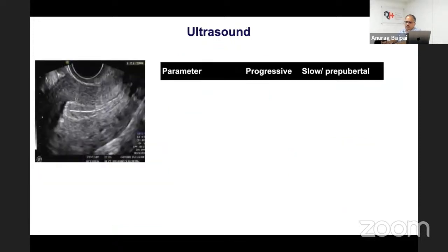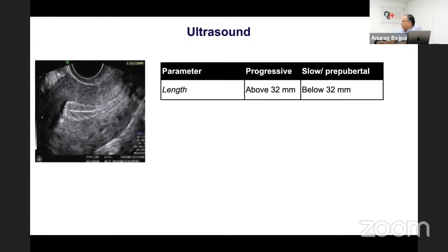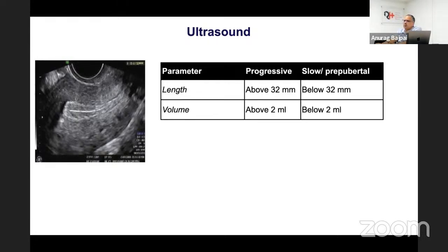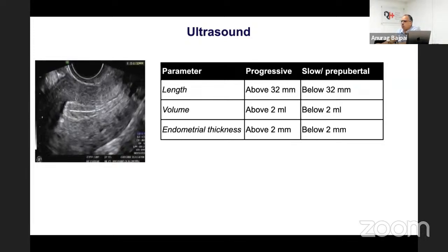Ultrasound is a very important parameter. So if you have a girl with precocious puberty, besides your pubertal assessment and your growth chart, you will get a bone age, ultrasound, as well as LH, FSH and estradiol. If you have a uterine length above 32 mm, volume of uterus more than 2 ml, and endometrial thickness above 2 mm, you start thinking that the girl has entered into puberty.